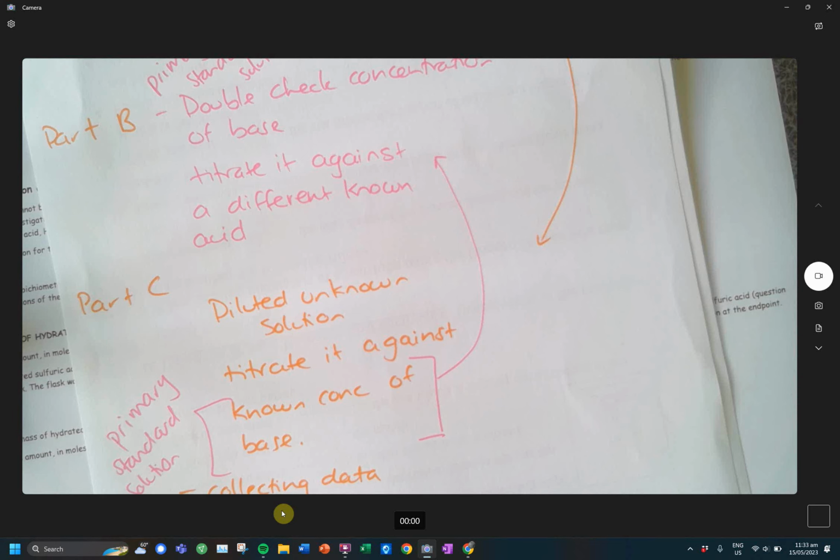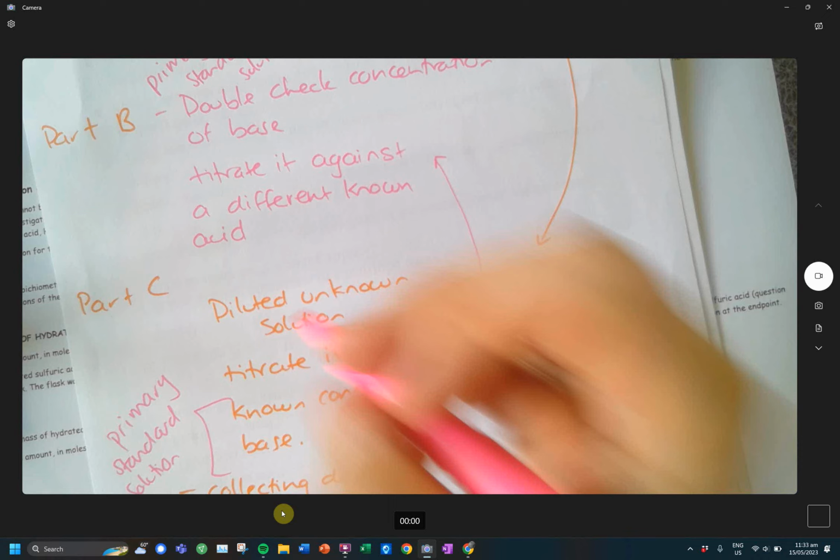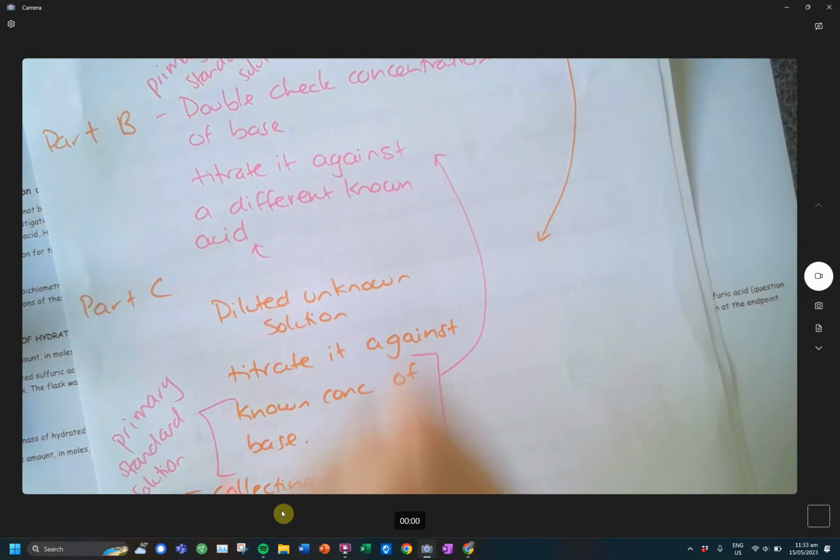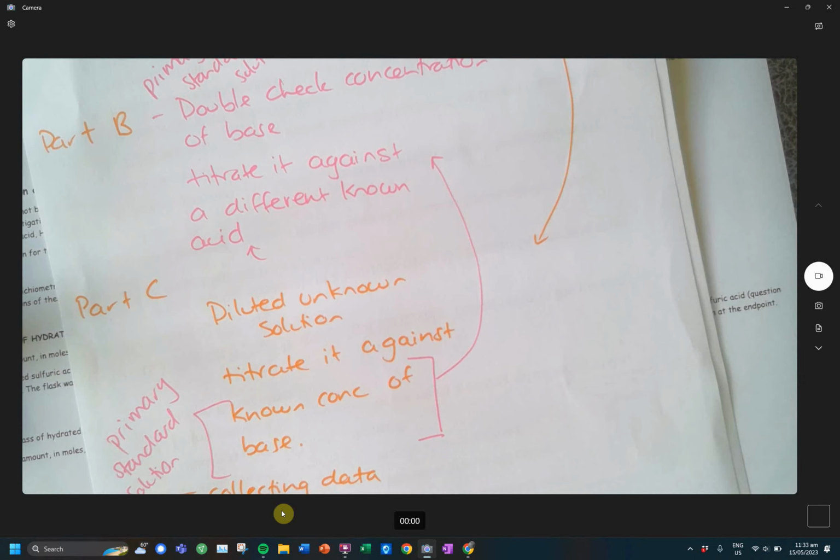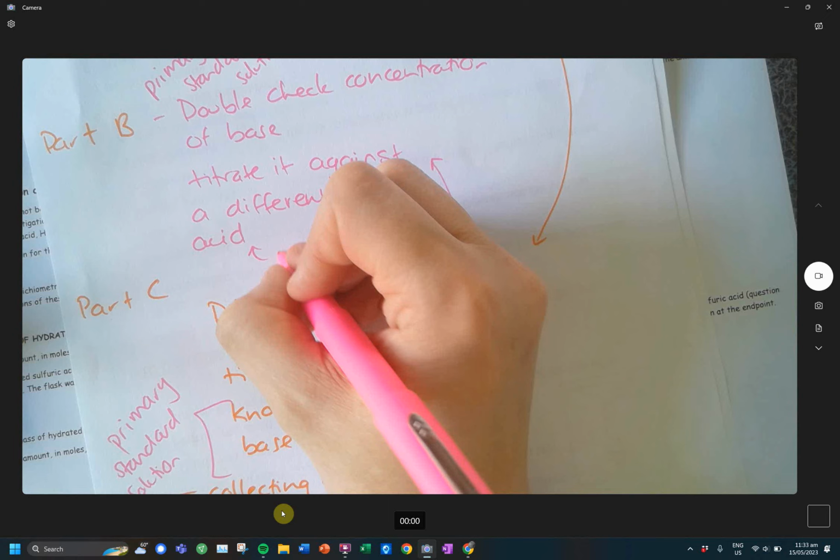Let's see, stock sample. Yep. So this one we refer to as our standard solution.